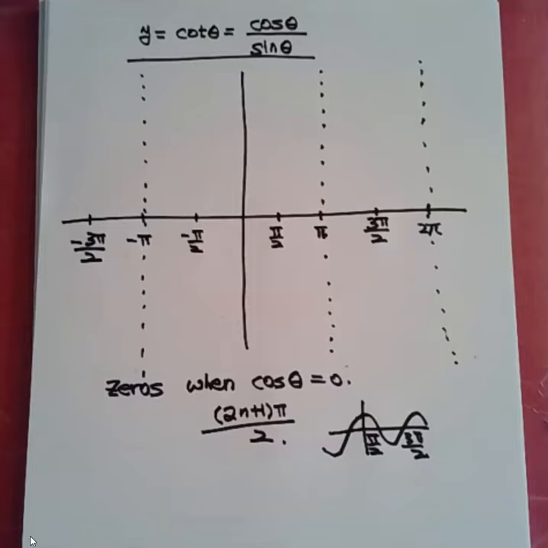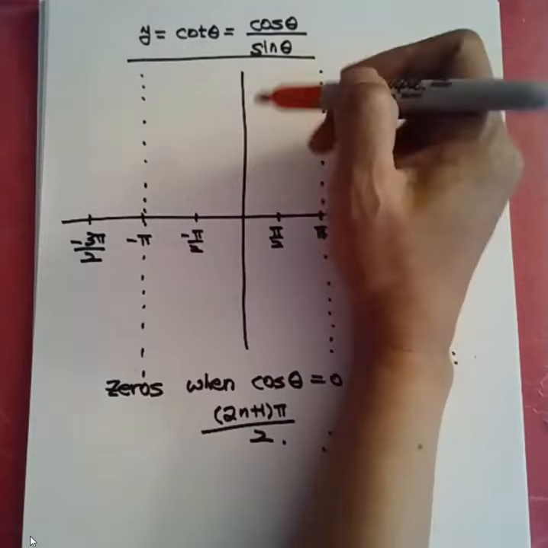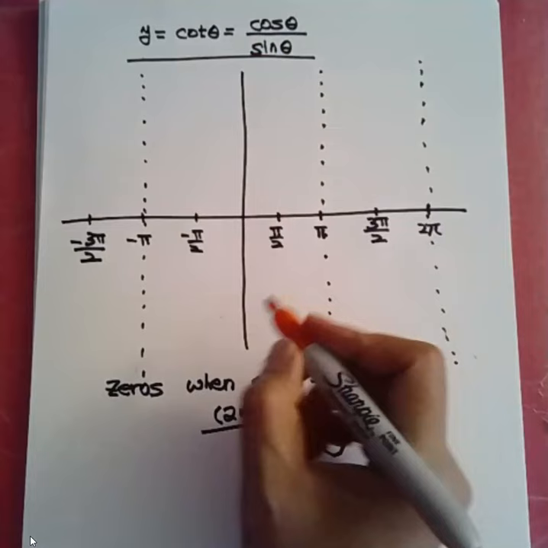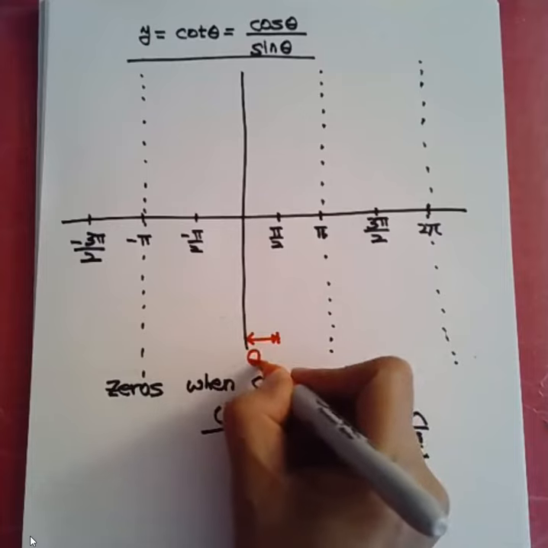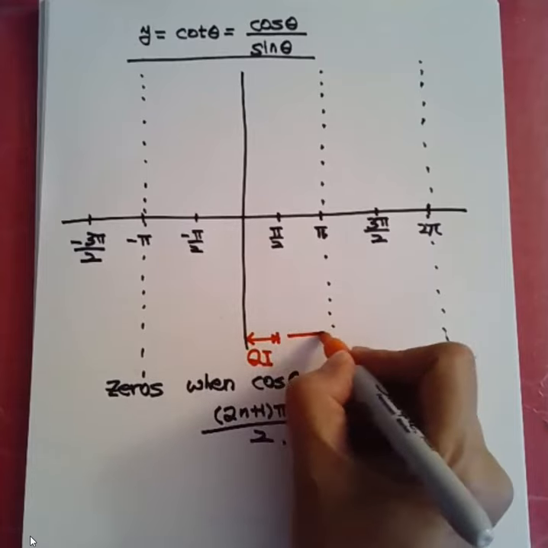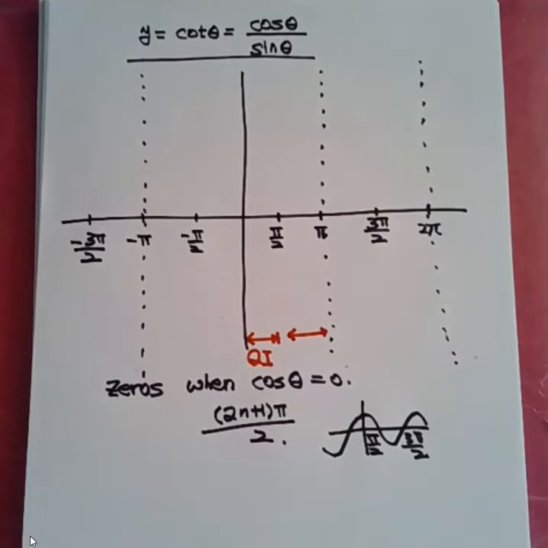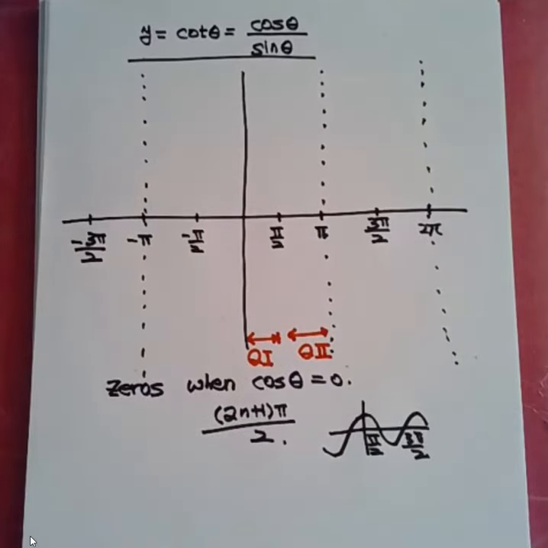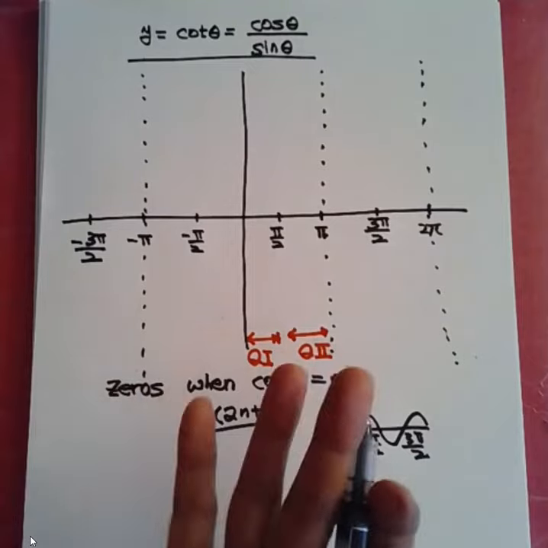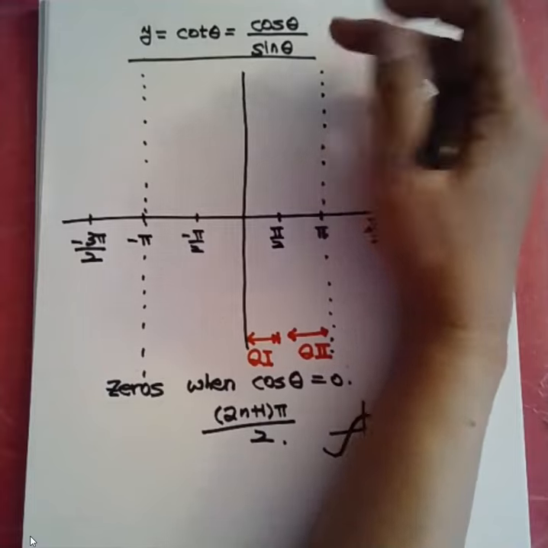We do the same reasoning when we graph. The range of the cotangent function is minus infinity to infinity. We have to decide whether the graph goes up or down. To do that, what you will observe is 0 to pi over 2 is quadrant 1, everything is positive. In pi over 2 to pi, which is quadrant 2, cosine value is negative and sine value is positive, so cotangent value will be minus over plus, which is negative.